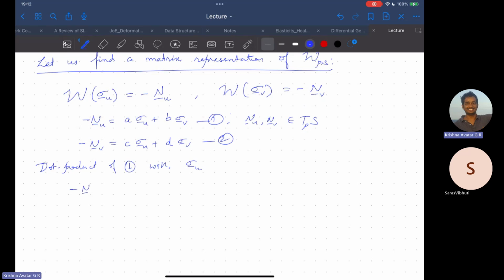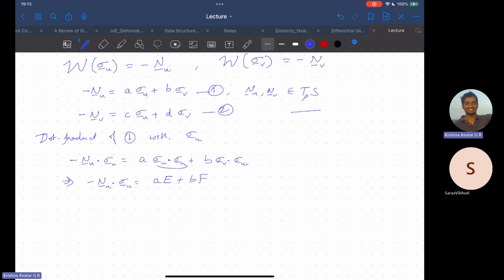What happens is minus nu dot sigma u is equal to a sigma u dot sigma u plus b sigma v dot sigma u. This means that minus nu dot sigma u is equal to a times E, the first fundamental form first coefficient, plus b times F, the second fundamental form coefficient.